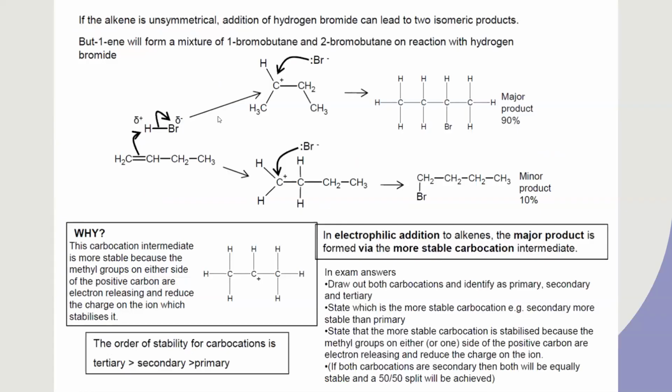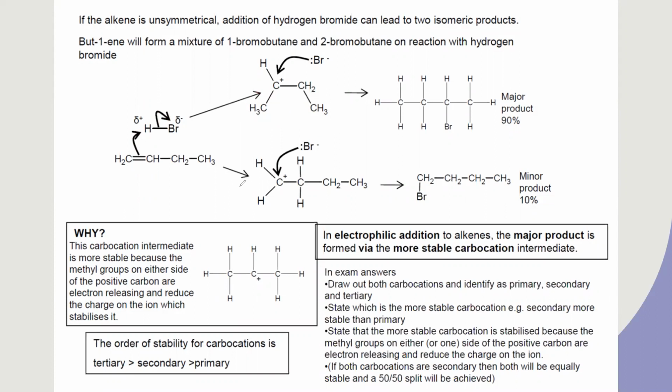So if it is reacting with hydrogen bromide, like HBr, bromine is more electronegative, so it will take both of the electrons involved in the bonding, and hydrogen, partial positive, is attracted towards the electron rich side and forms a bond. Now there are two possibilities: either the left hand side or the right hand side will have a positive charge. If the left hand side, the second carbon has the positive charge, so it is surrounded by two alkyl groups.